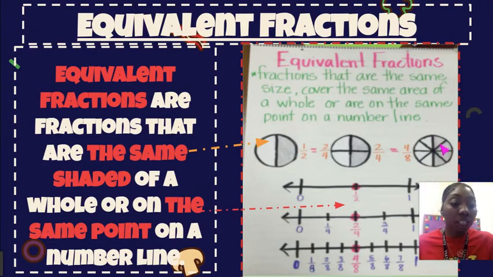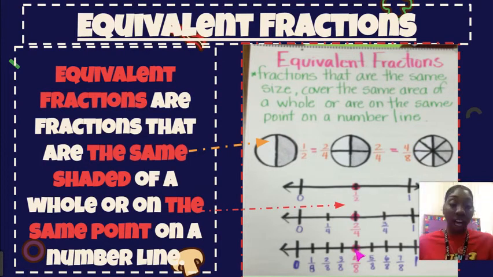So if we notice, we see this part is shaded, this part is shaded, and this half is shaded. So that means all of these fractions are equal. So 1/2 is equal to 2/4, which is equal to 4/8. So this is how you look to see if fractions are equivalent in a figure.